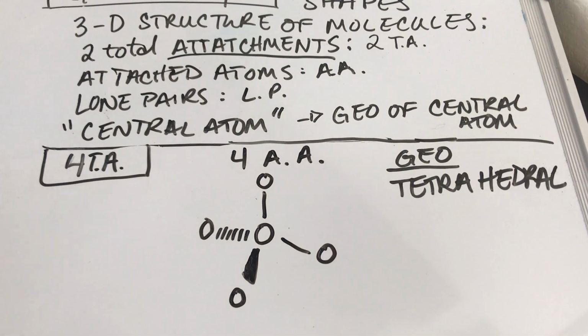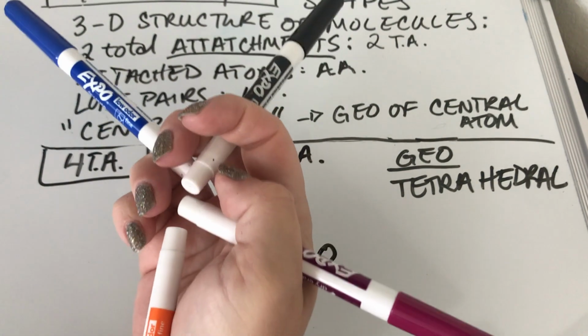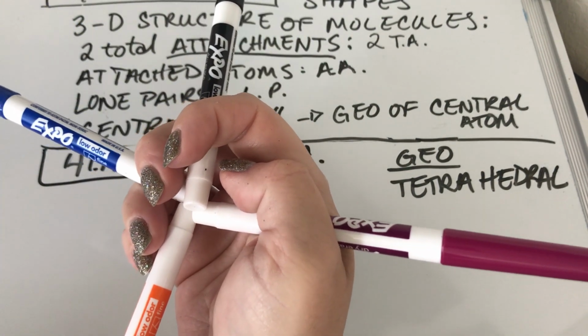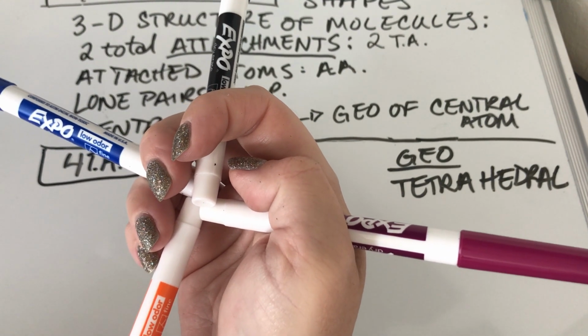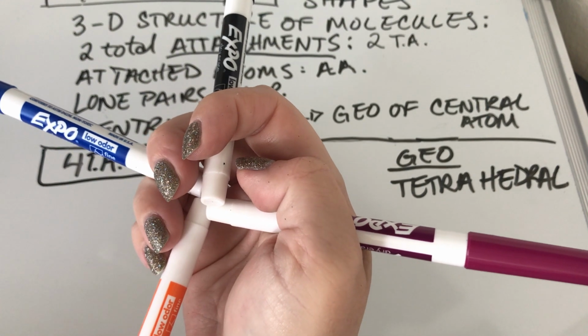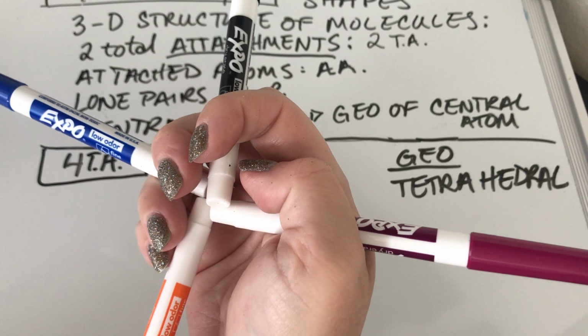The other possibility with this that we didn't talk about is having 4 attached atoms in a plane. But is this going to maximize the distance between the electrons?